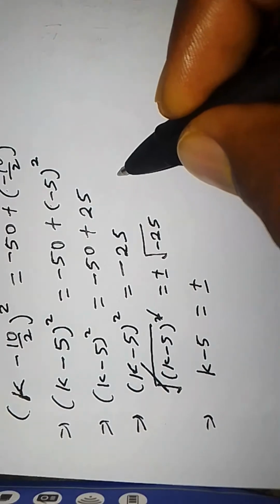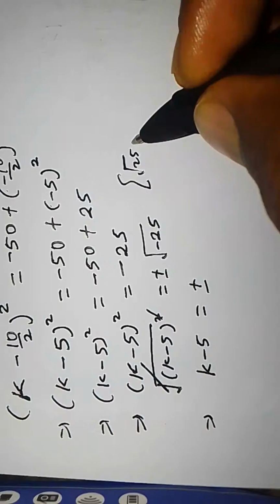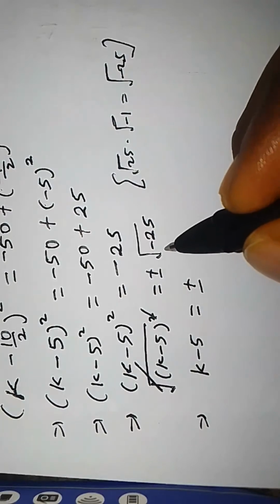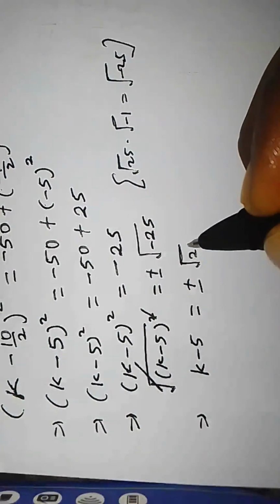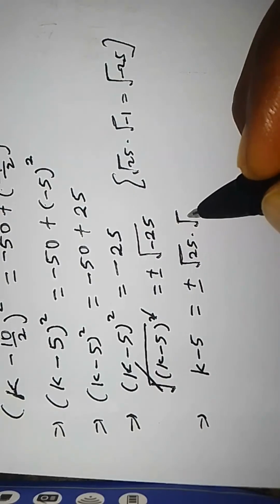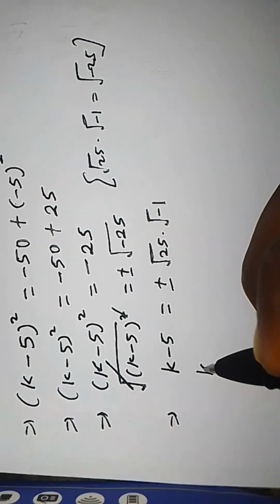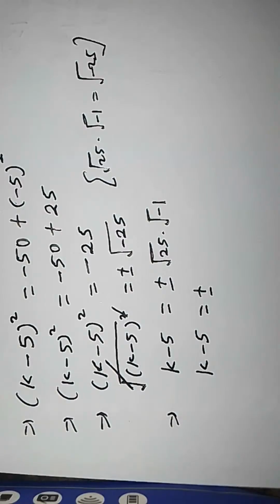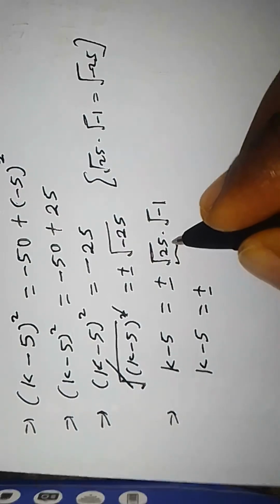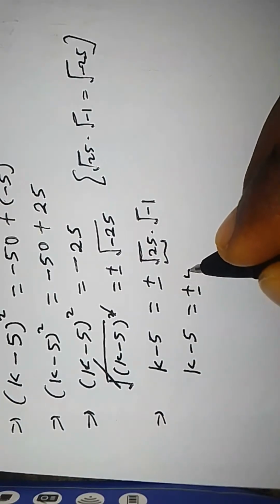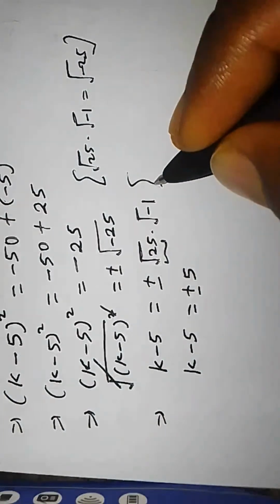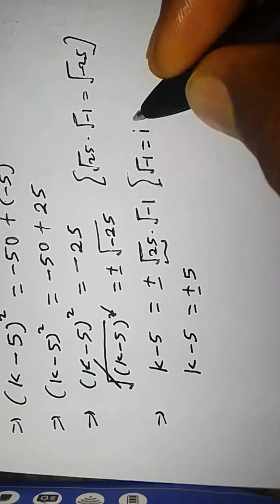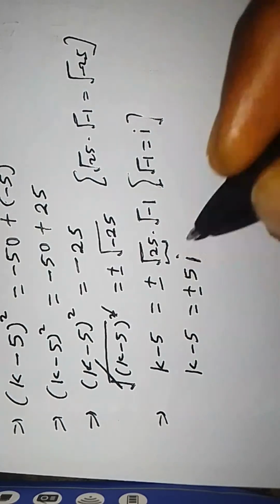We can rewrite it as the square root of 25 times the square root of negative 1. So k minus 5 is equal to plus or minus. The square root of 25 is simply 5. And from complex numbers, don't forget that the square root of minus 1 is equal to i.